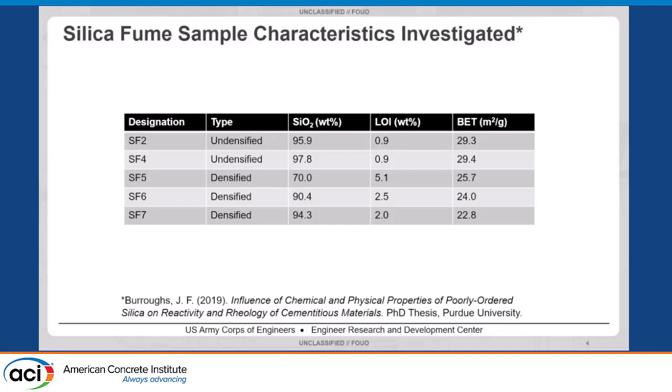What I can say is SF2 and SF4 are really similar in terms of the silica content, LOI, and BET values. SF6 and SF7 are somewhat similar, but SF5 is totally different. The silica content is the lowest on SF5, and the LOI is the highest among all of them. I am pointing that out because SF5 results did not turn out to be too good.